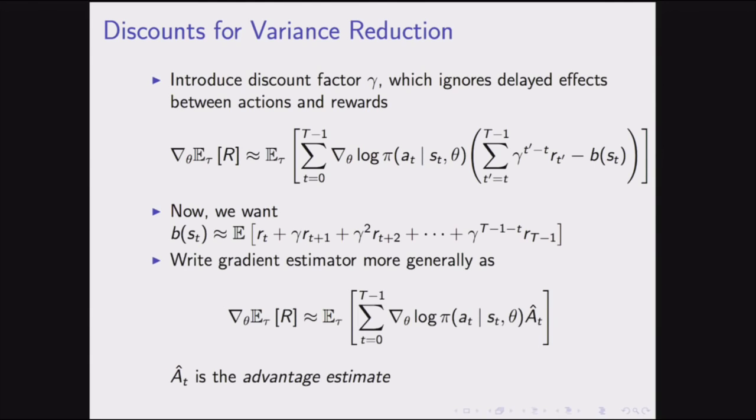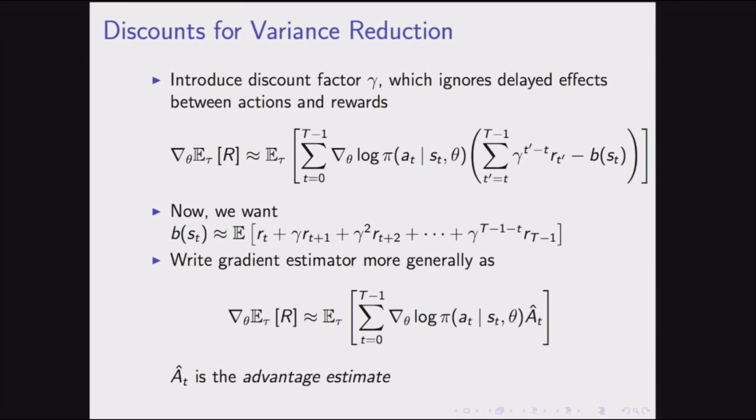And now there's a more general class of formulas that looks like the one that I just wrote. So this one that's on the top of the slide is pretty good, and it's almost as good as anything you're going to do to within a small constant factor. But there's a more general class of formulas that look like grad log probability times some quantity A hat, which we call the advantage estimate.